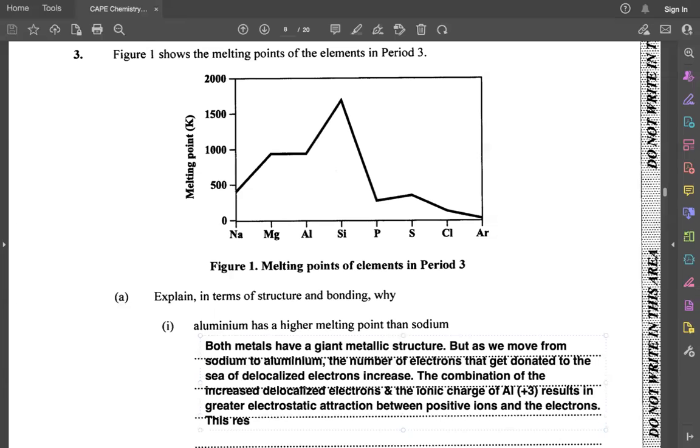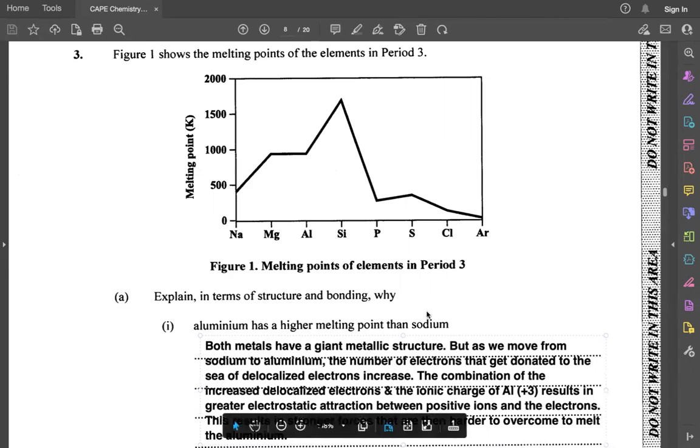This results in stronger forces that are then harder to overcome to melt the aluminum. All right, so that should suffice for that.